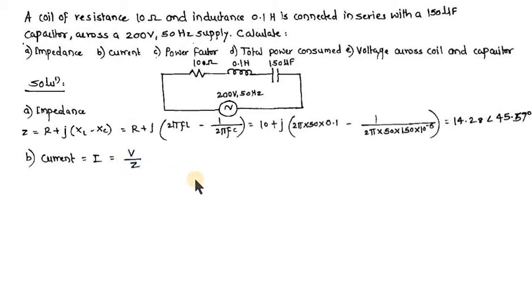Substituting the known values, voltage is 200 volt, and being the reference phasor we can call it at an angle 0, and impedance was found as this value. Using a calculator to do this division, I get 14 at an angle minus 45.57 degree ampere. So current is found out.